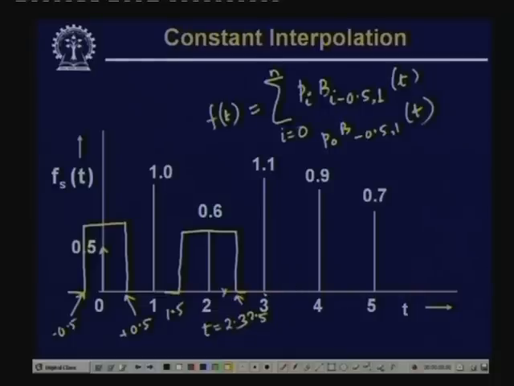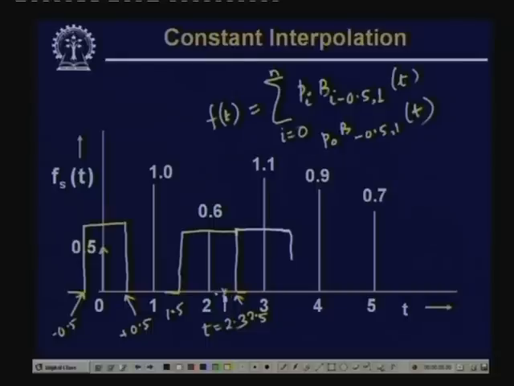To find out the contribution of P 3, which is equal to 1.1, the corresponding B-spline function, that is B 2.5 t, is equal to 1 in the range 2.5 to 3.5, and it is equal to 0 outside. So, even P 3 does not have any contribution to this particular point t equal to 2.3.